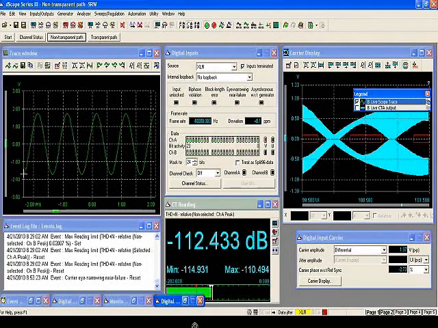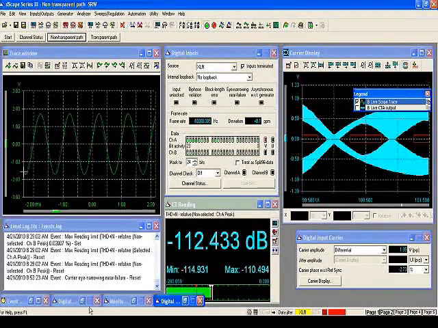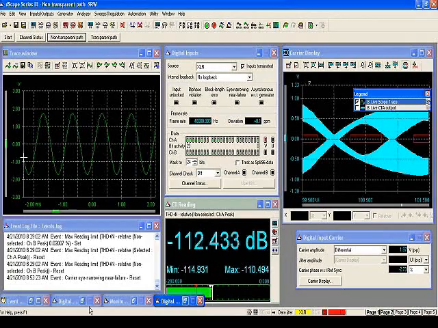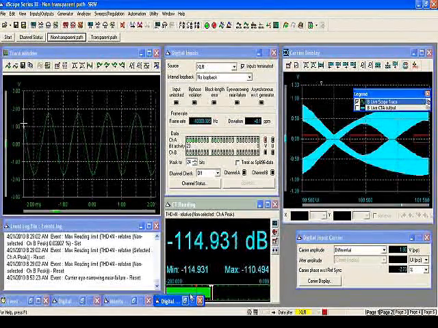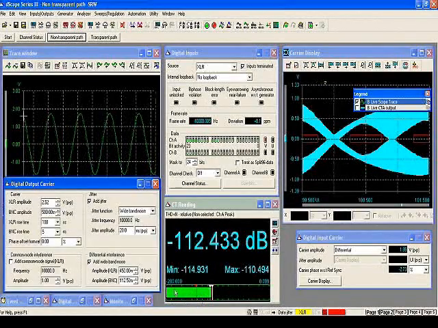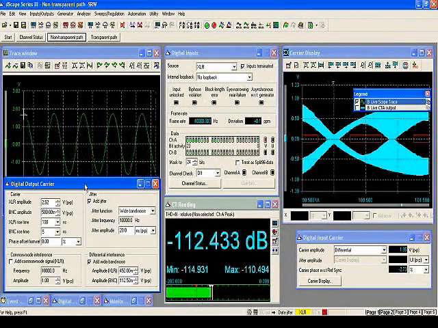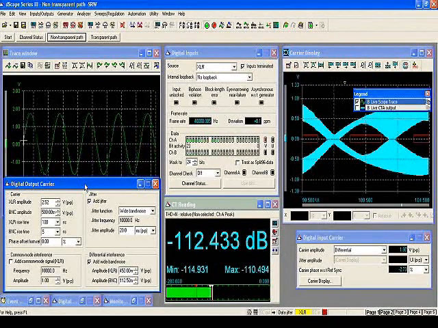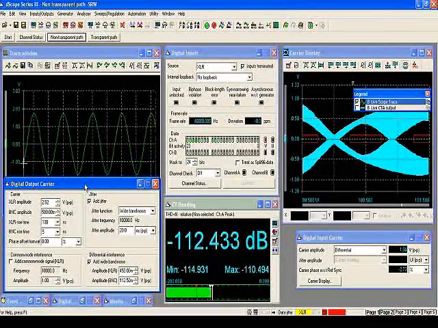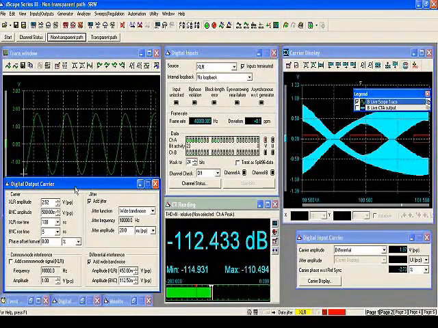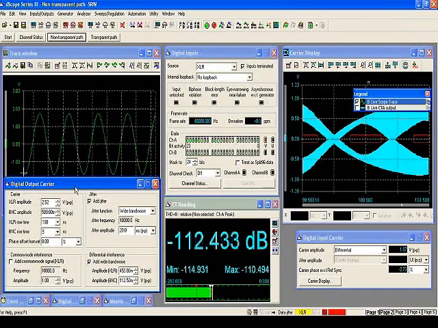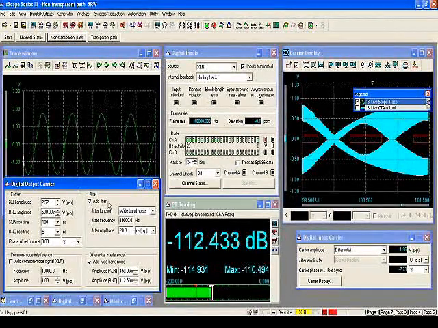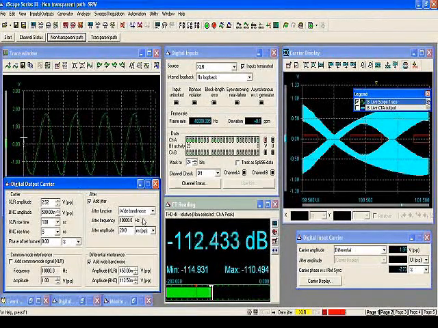Now, what I'm going to do now, and this is something we really didn't touch on, I kind of breezed over this, is take the digital output carrier and degrade it. This is another tool in the D-scope. If you're trying to find out where a piece of equipment falls over, you can add jitter in all types of forms, noise, sine waves.